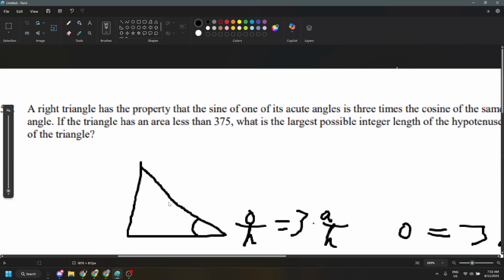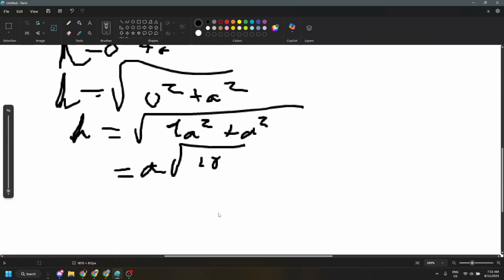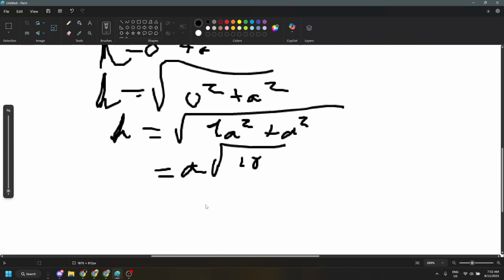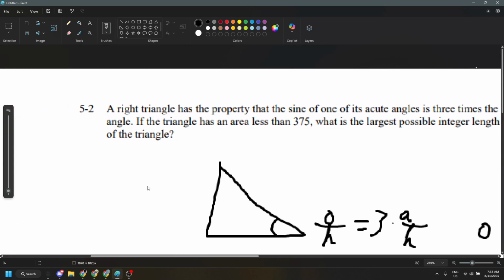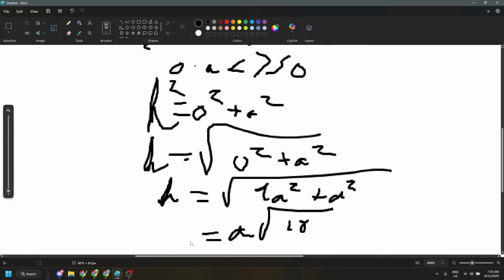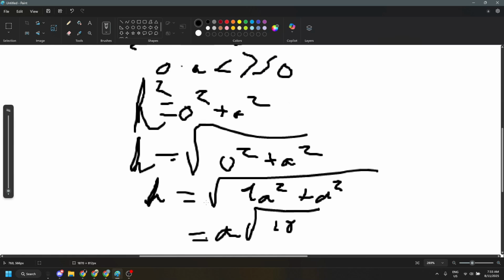So if the hypotenuse is an integer, then A has to be something root 10.